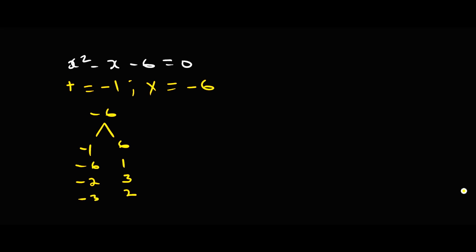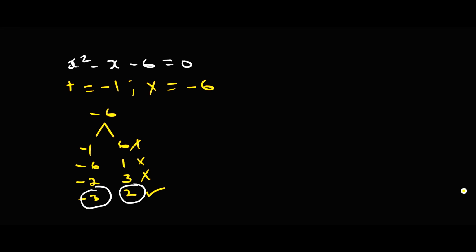Amongst these possible products, which one of them gives a sum of negative 1? The first one does not, the second one does not, the third one gives a positive 1, but the fourth one actually gives a sum of negative 1. So the two numbers we're looking for are negative 3 and positive 2.